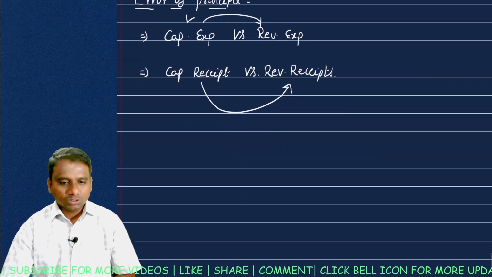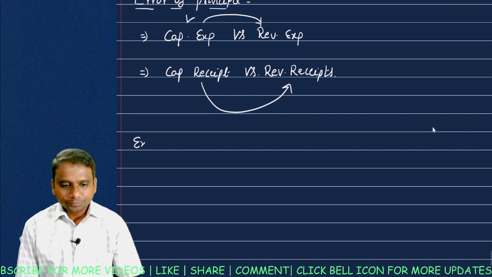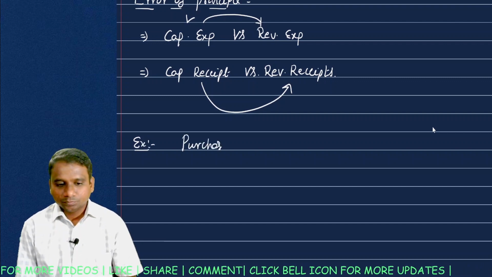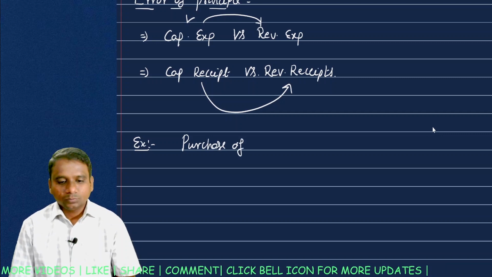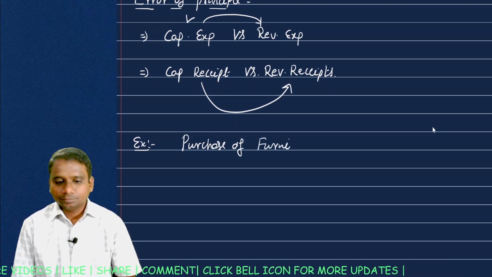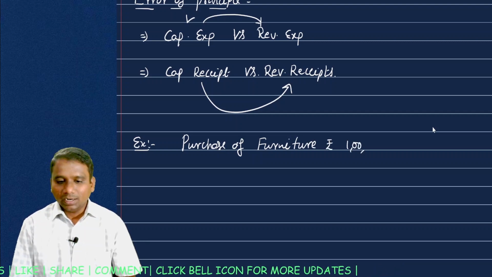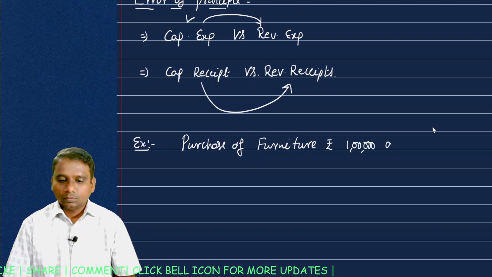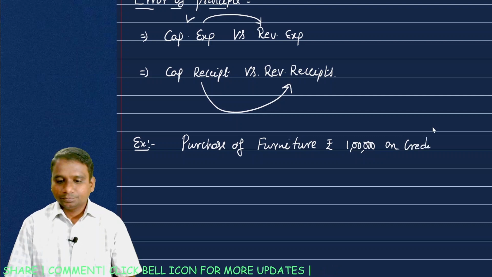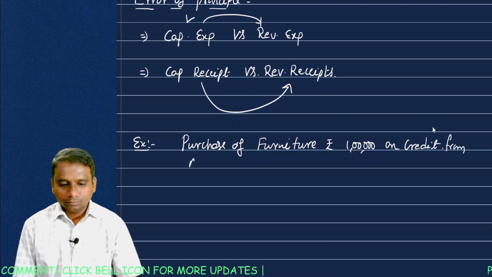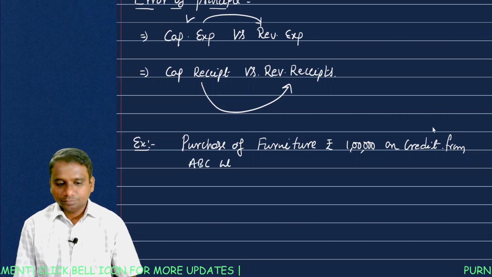I will give you an example. Purchase of furniture, rupees 1 lakh on credit from ABC Limited.